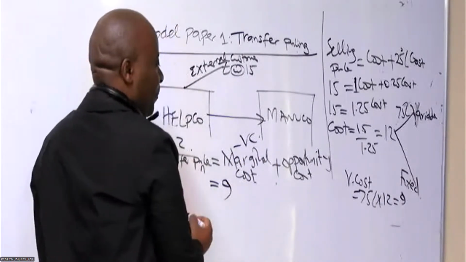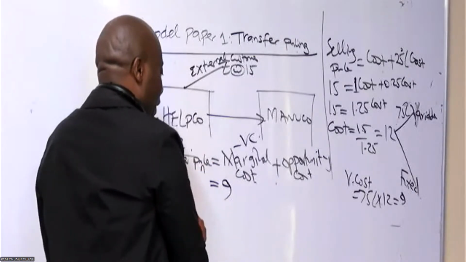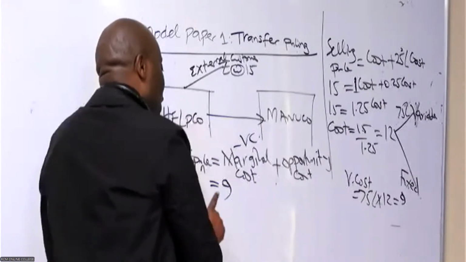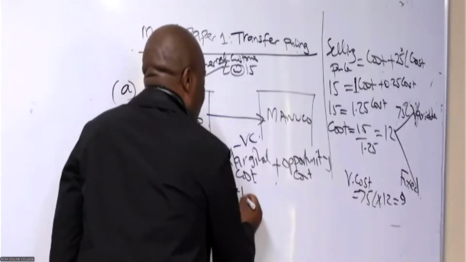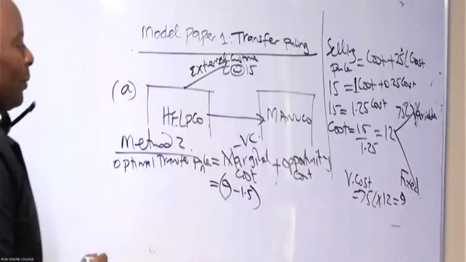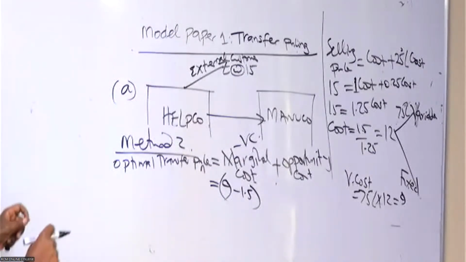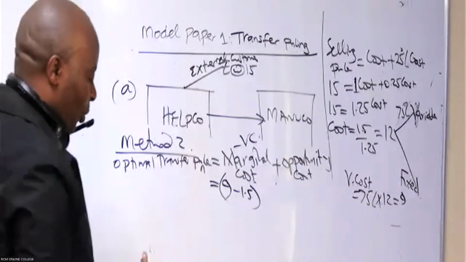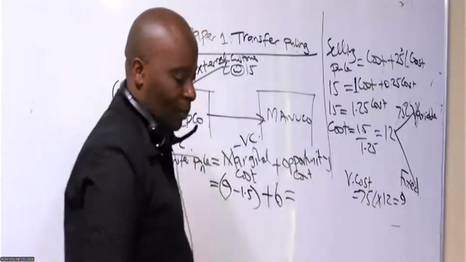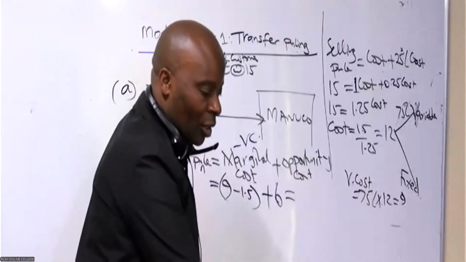But we are producing this internally for our internal market, so we shall be able to save the packaging cost. Plus the opportunity cost of how much? 6. Plus opportunity cost of 6.